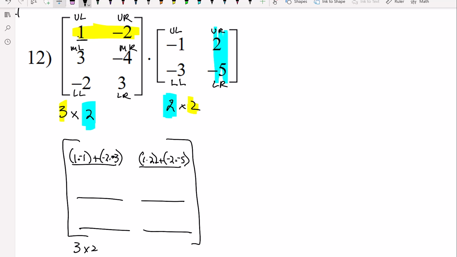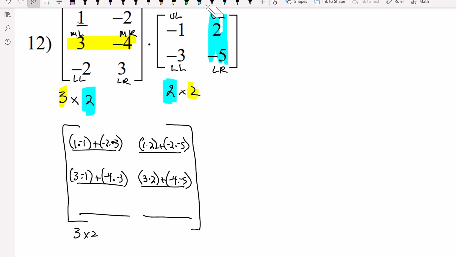Okay, now we start in the middle and we do that exact same process again, but we use the middle row. So it's 3 times negative 1 plus negative 4 times negative 3. And then we're going to do the second column. So it's 3 times 2 plus negative 4 times negative 5.